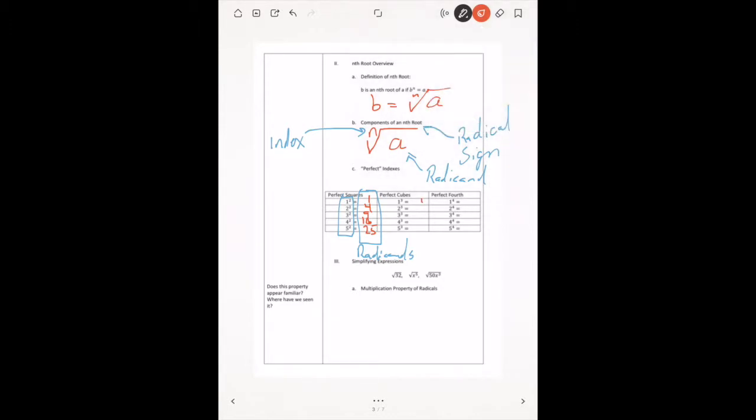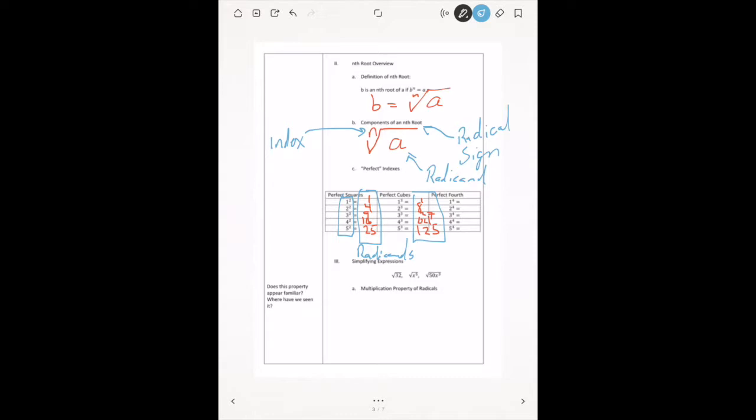1 cubed is 1. 2 cubed is 8. 3 cubed is 27. 4 cubed, I think that's 64. And 5 cubed is, I believe, 125. Oh, gosh, that's a 6 right there. So the idea, again, is if I were to take the cube root of these radicands, if I was to say to myself, what times itself 3 times gets me 125?